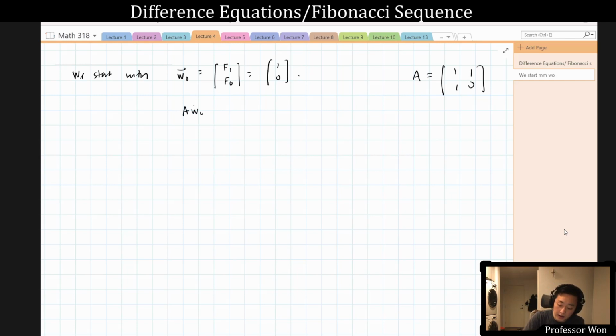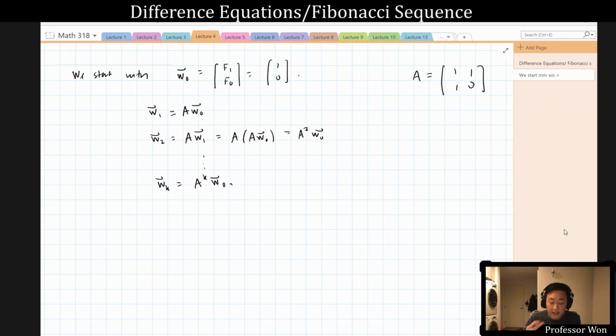A w_0 is the same thing as w_1. And w_2 is A w_1, but that's A times A w_0, that's A squared w_0. If you continue this process, w_k is A to the k times w_0.